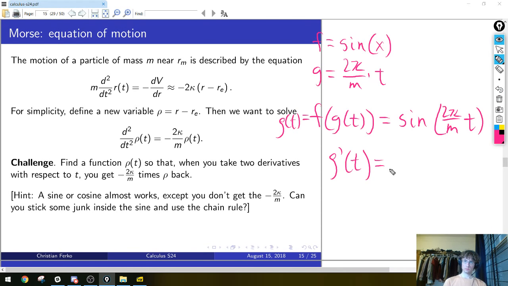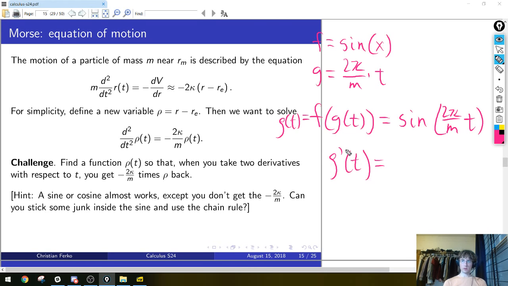I believe this will be, let me think. The loveliness of trying to remember the derivatives of trigonometric functions. Yes, you will memorize it soon enough. Sine goes to cosine, cosine goes to minus sine. Okay, so this is going to be negative sine of 2 kappa over m.